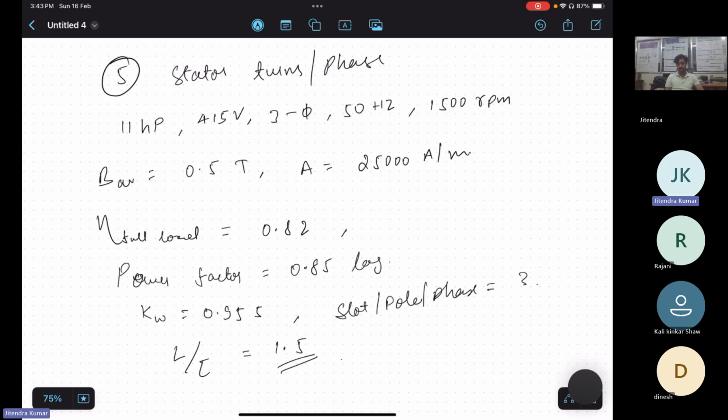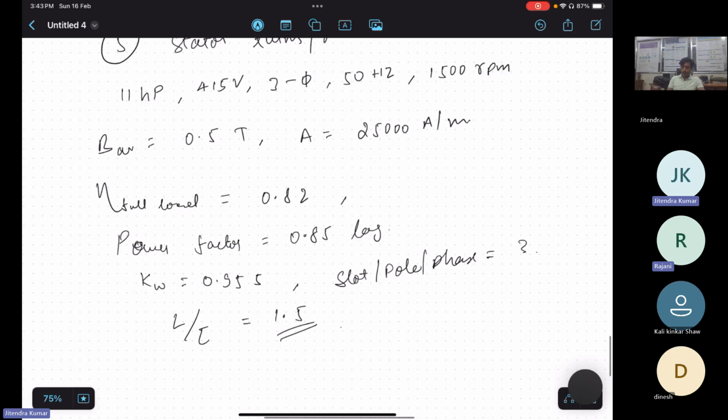So to calculate that, which expression will be helpful in calculation of number of turns? Electric loading. Yeah, electric loading is given directly here, right? So what is the expression of electric loading?